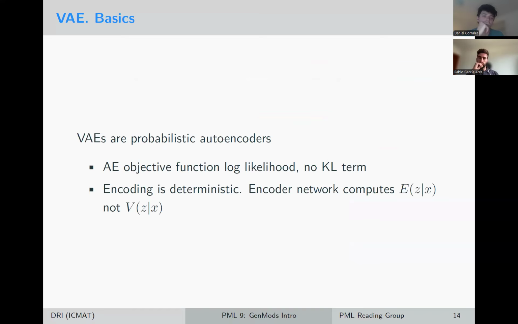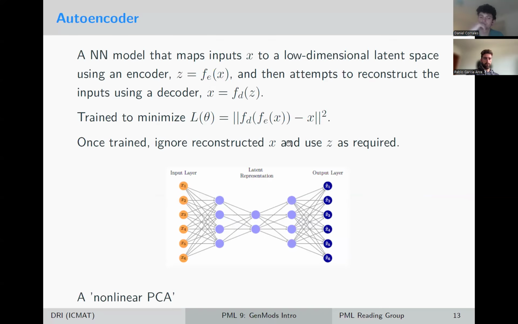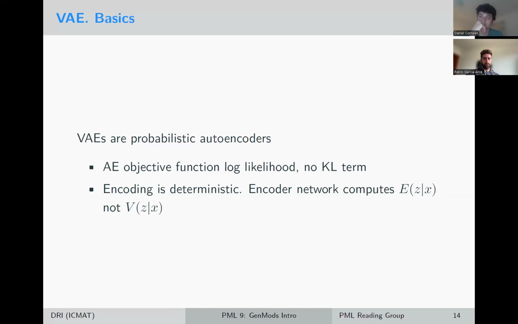So VAEs, variational autoencoders, are probabilistic versions of this. We'll see it in a minute. There are two main differences. First, as we saw, the objective function is log likelihood, with no Kullback-Leibler terms, whereas, for example, in the ELBO we have a Kullback-Leibler term besides a likelihood term.